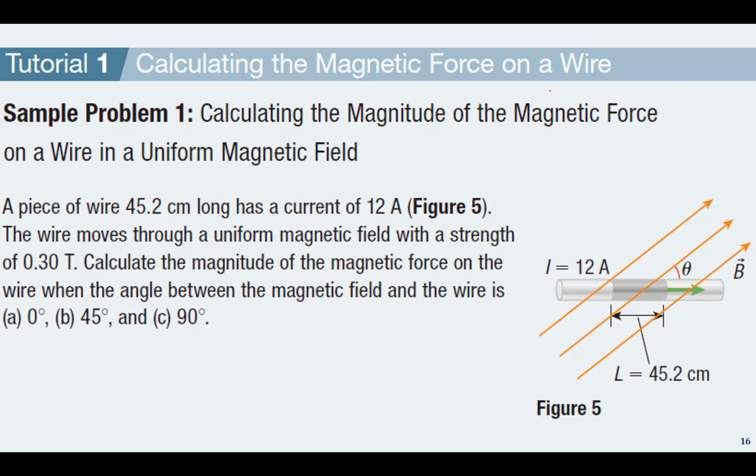The wire moves through a uniform magnetic field with a strength of 0.30 Tesla. Can you calculate the magnitude of the magnetic force on the wire when the angle between the magnetic field and the wire is A, 0 degrees, B, 45 degrees, and C, 90 degrees?